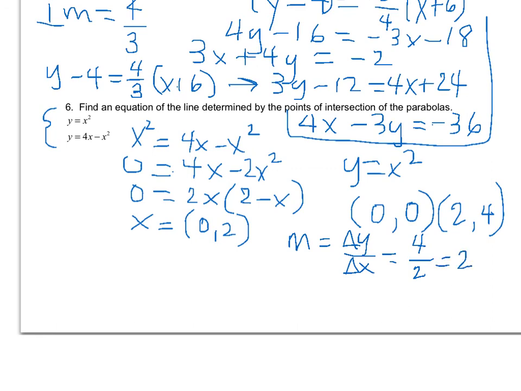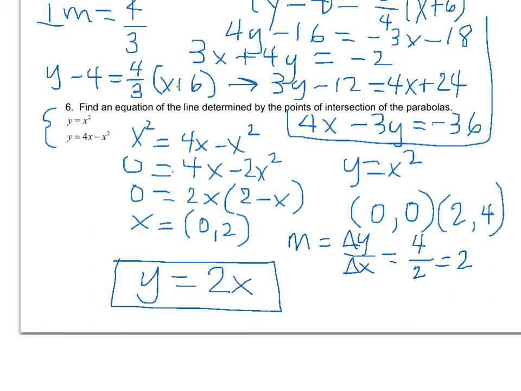And then you can use either point. So if I'm in point slope form, I'm going to obviously use 0, 0. So I have y equals slope times x. And there's the equation for the line through those 2 points of intersection of those parabolas.